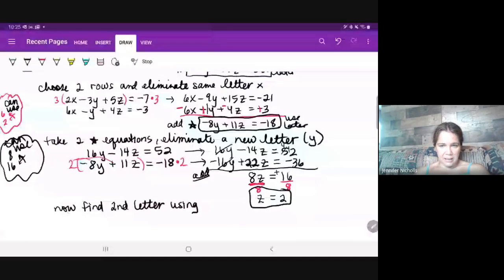I mean, plug in z, 2. Z equals 2, where? Okay, I agree, plug in z, where? Yes, yes. Now find the second letter using the start equation.